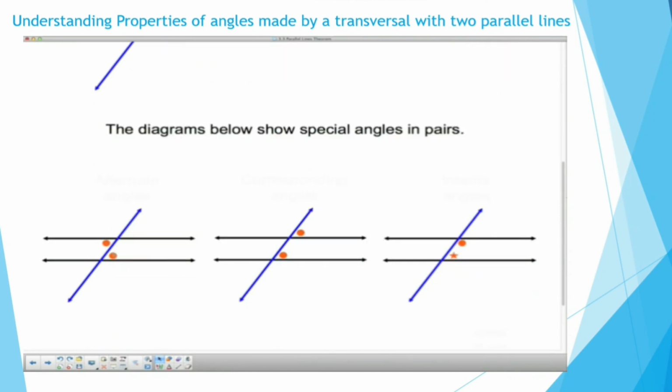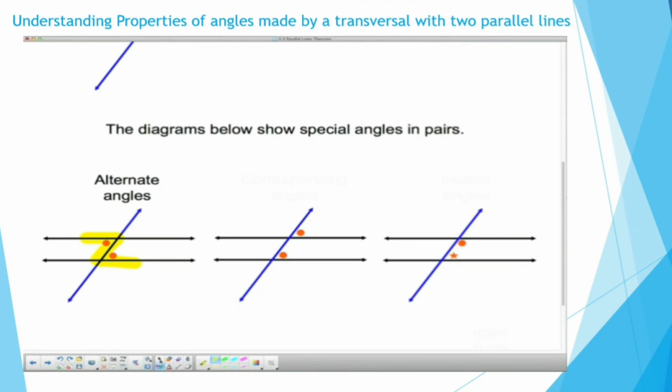So here, these two angles are equal, and they're called alternate angles. You may have also heard them called the Z pattern, and the reason they're called the Z pattern is if I'm going to take a highlighter, I can draw a Z around those two things, and they sort of form a Z, so we call that the Z pattern.